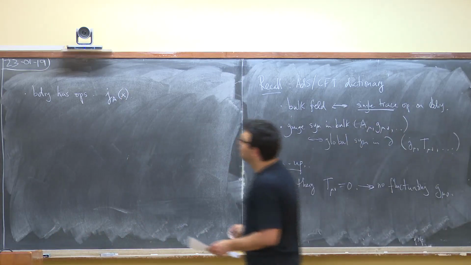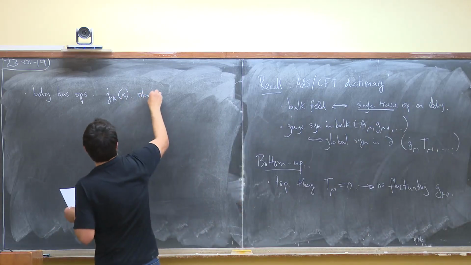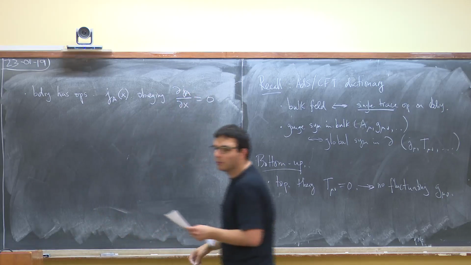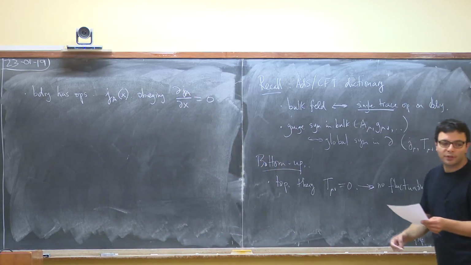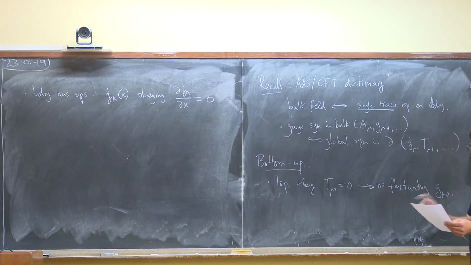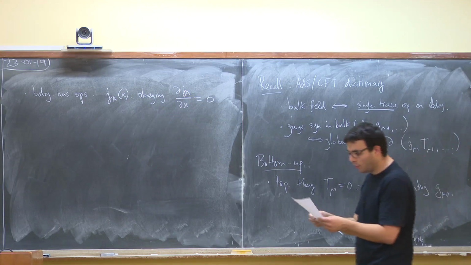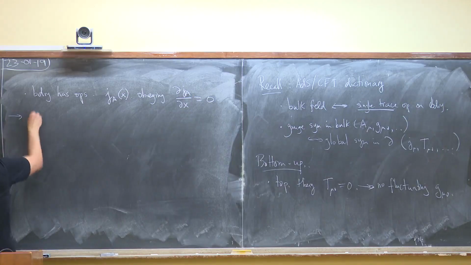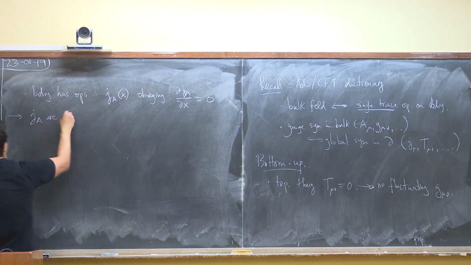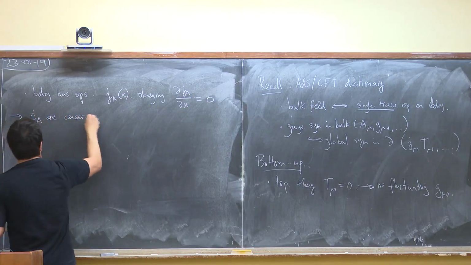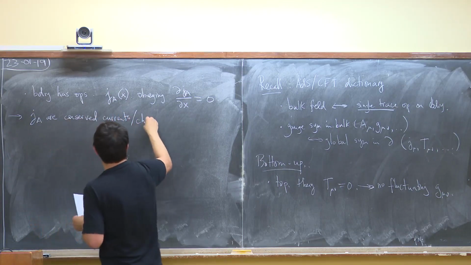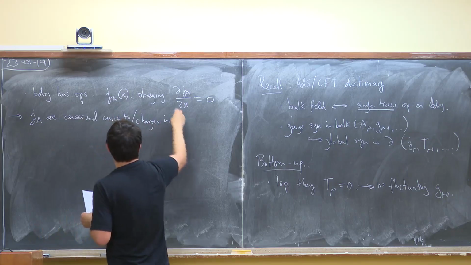What that means is that the derivative of these operators with respect to x is 0, up to contact terms. The contact terms are the reason why the correlation functions can change if the ordering changes. What that means is that J^A are conserved currents, or just charges, in 1D.